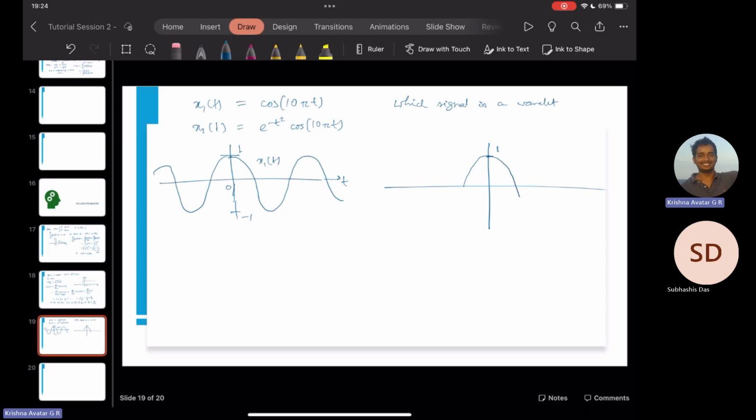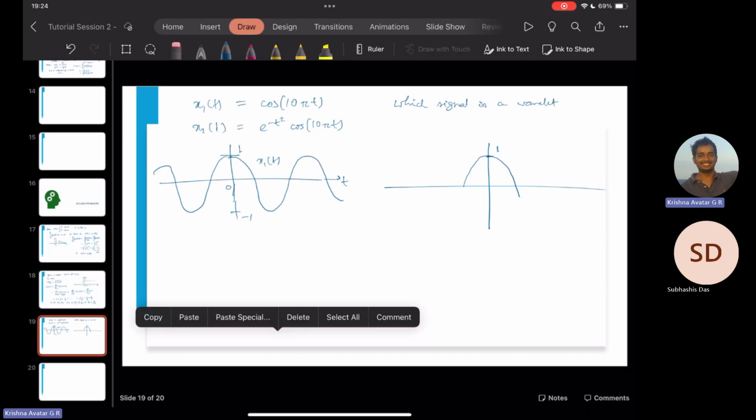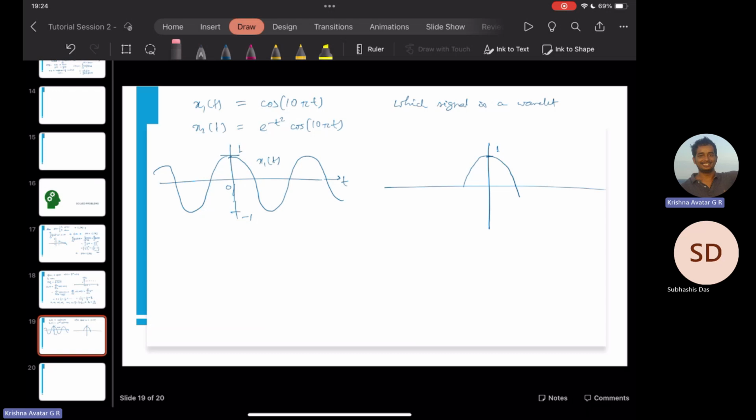But then because of e to the power minus t squared, it is as if you are damping it. First of all, let's plot what e to the power minus t squared looks like. It's always going to be greater than 0. At t equal to 0, this term is 1, it's symmetric about the vertical axis, and it drastically decays toward 0.